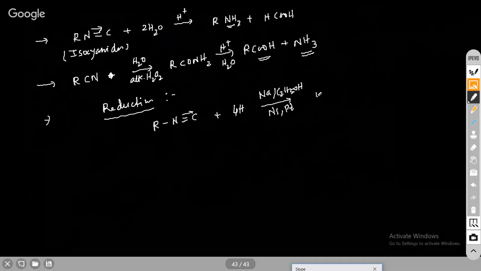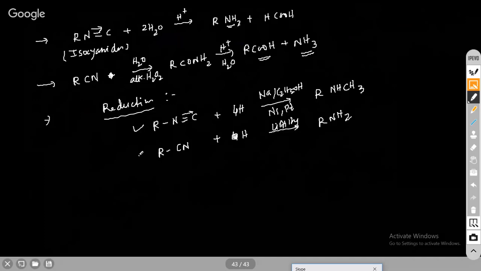It gives RNHCH3, 2-degree amine we get here. But if you have cyanides, RCN, and when you do the reduction of this with LiAlH4, you get 1-degree amine, RNH2.